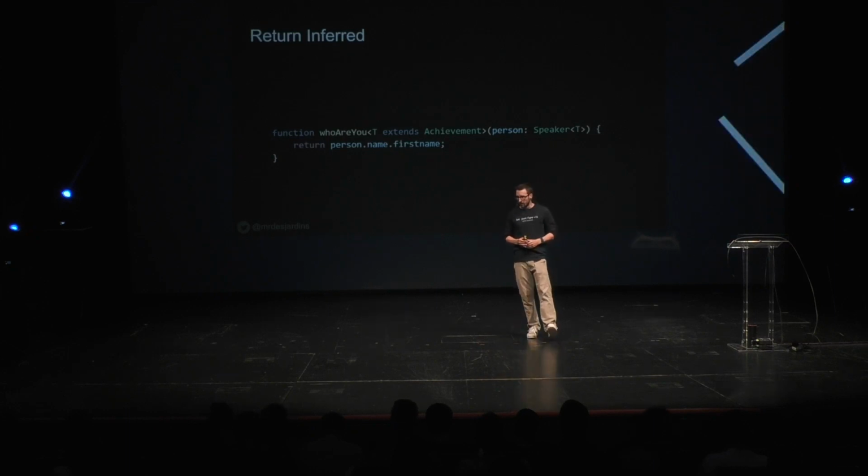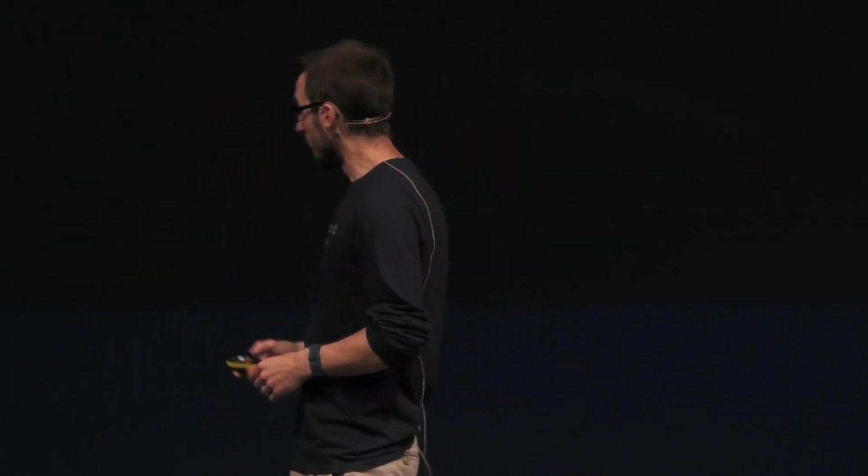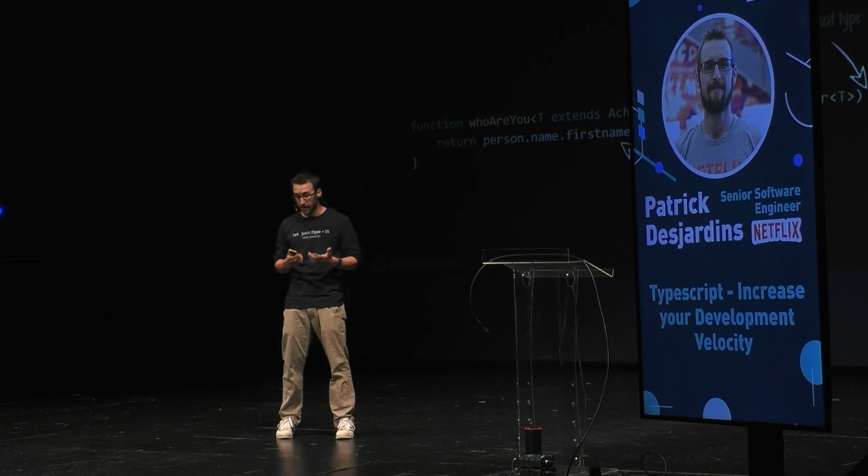For people that are not really into typing stuff, TypeScript allows you to infer types. For example, this function here does not have any return type, so it's implicit, and this function, in fact, returns a string. And why? Because TypeScript can understand that first name here is a string.